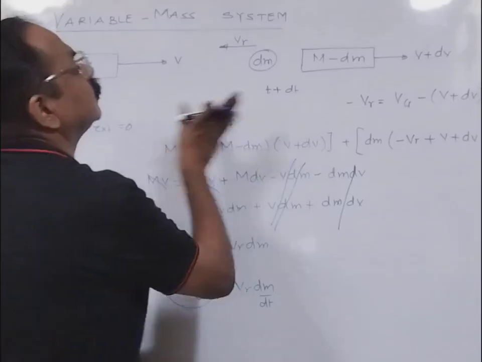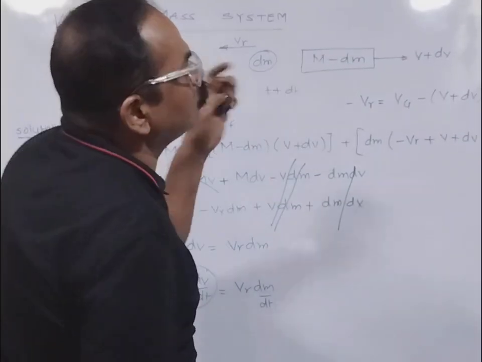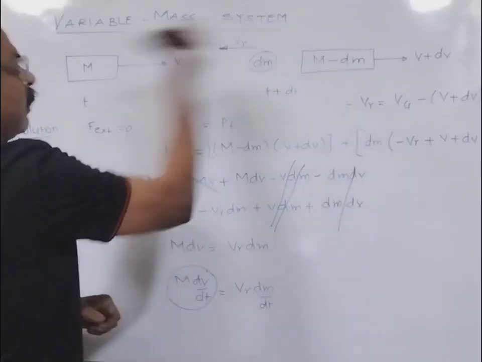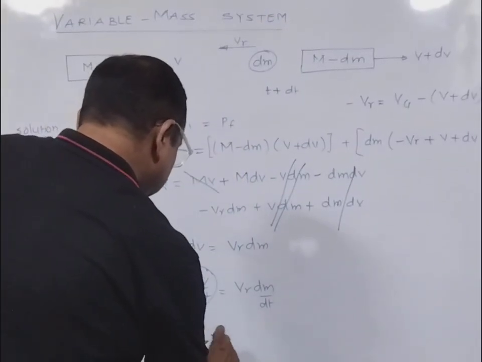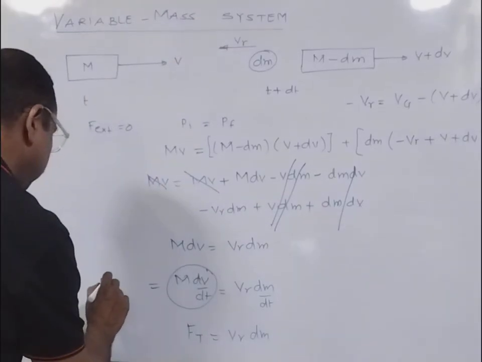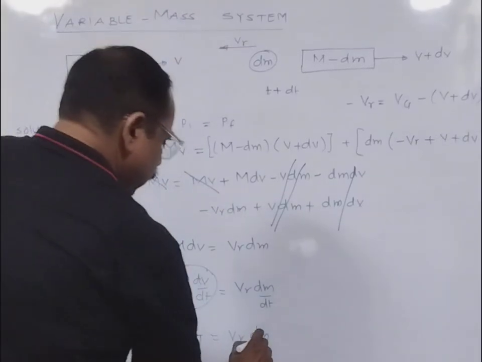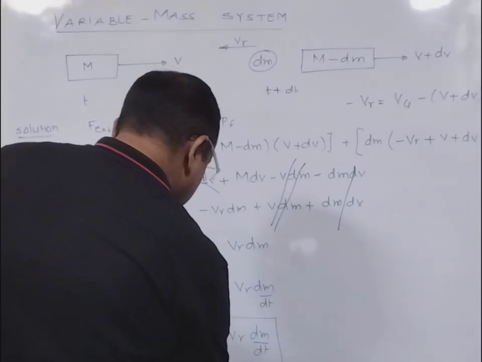m dv by dt is the thrust acting on m minus dm to move ahead by releasing dm in the backward direction. That's why thrust is equal to Vr dm by dt. It can be written as m into acceleration, equal to Vr dm by dt. So this is the value of thrust.